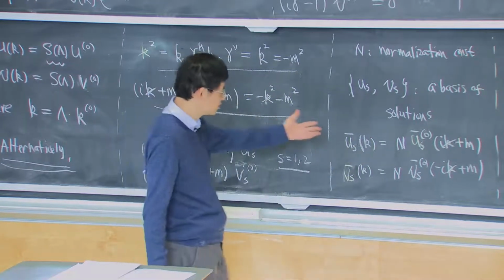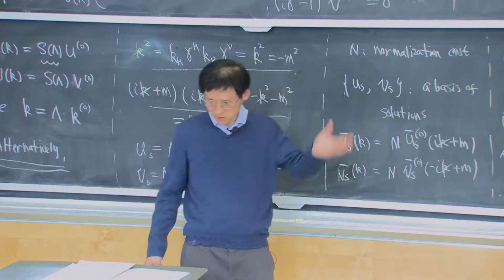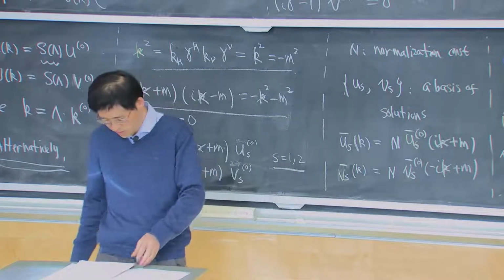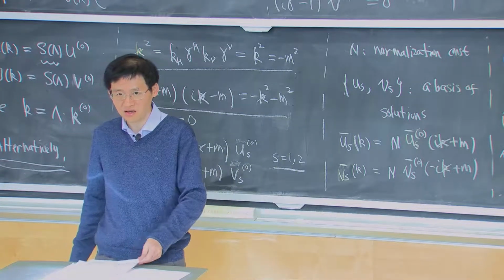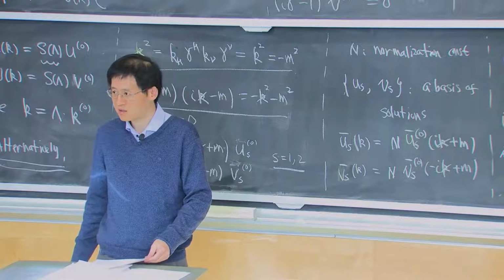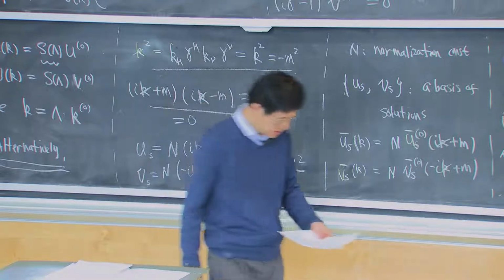This U and V will enter your Feynman diagram calculations, and if you are familiar with their properties, it will help you to do such calculations. So let me first mention some properties.